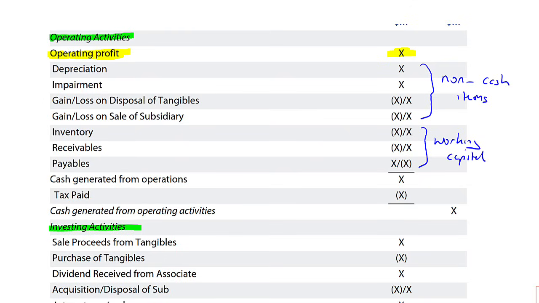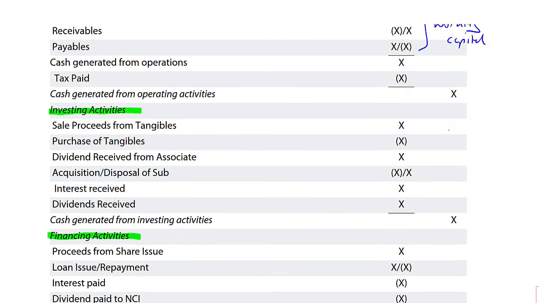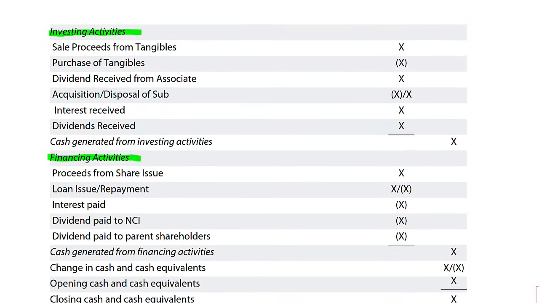If you are very rusty on basic cash flows, you may need to look back at our financial reporting lectures, because you certainly need to know how to put the numbers together. So there's the operating section, underneath the investing and the financing section. What I want you to notice is this.